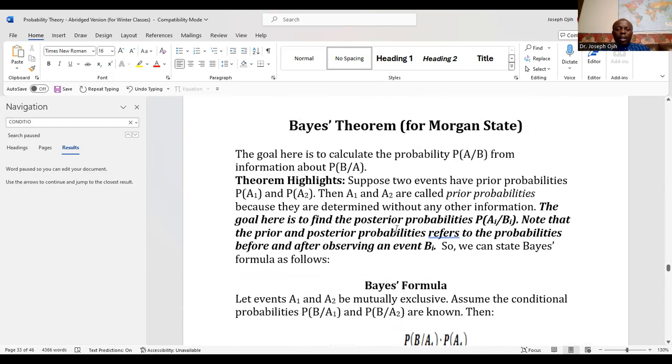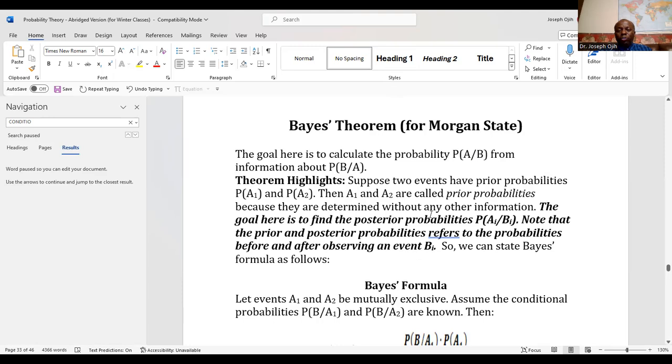According to this Bayes' theorem, suppose 2 events have prior probabilities, P(A1) and P(A2). Then A1 and A2 are called prior probabilities because they are determined without any other information.